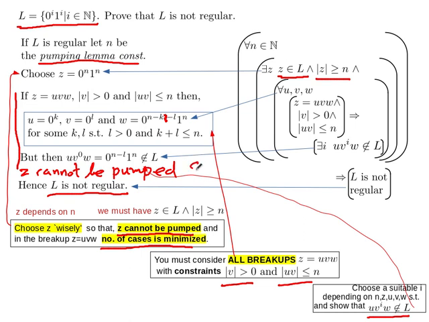So we have a contradiction. So it becomes a proof by contradiction, hence L is not regular.